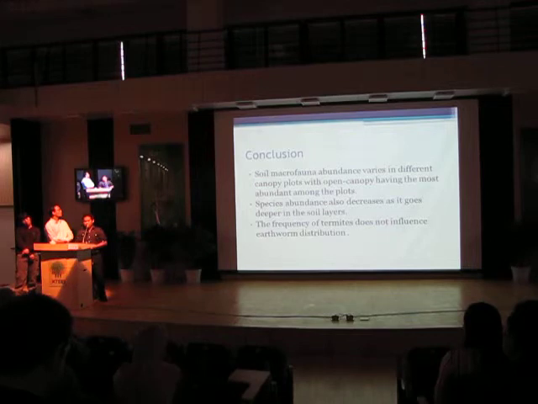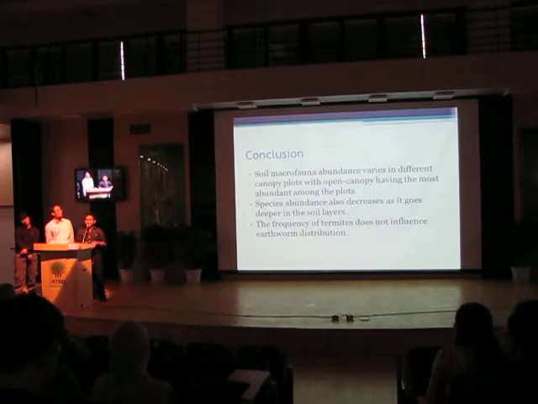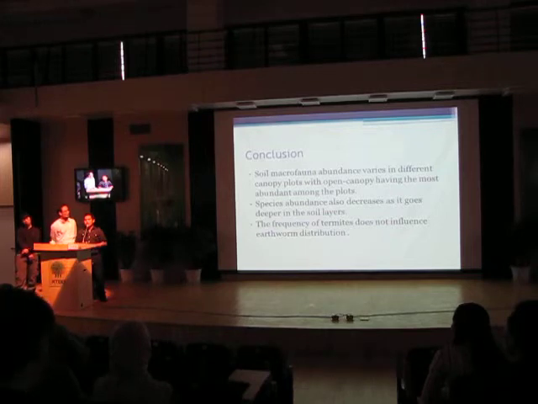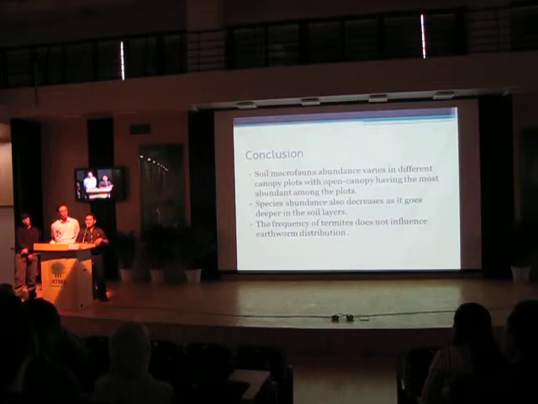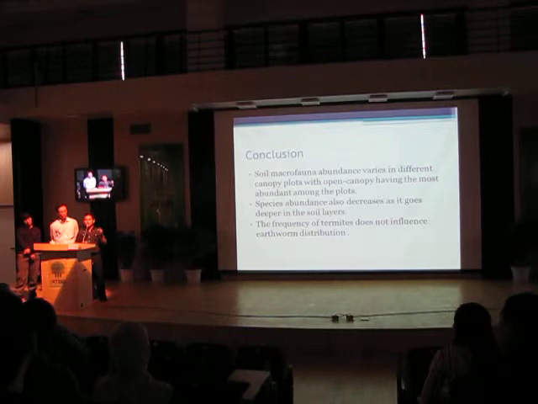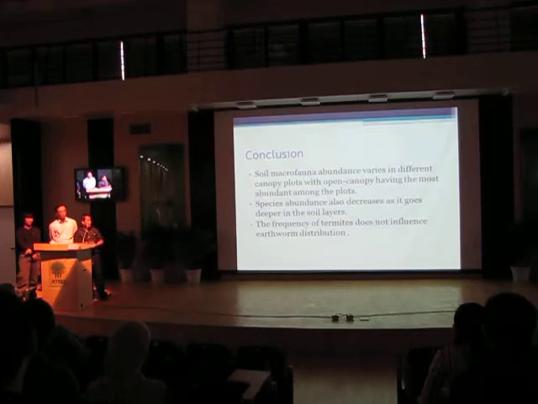We also conclude that although there is a significance between the environmental factors and different canopy types, and taxons and different canopy types, the relationship between the environmental factors and taxons doesn't have a good relationship.